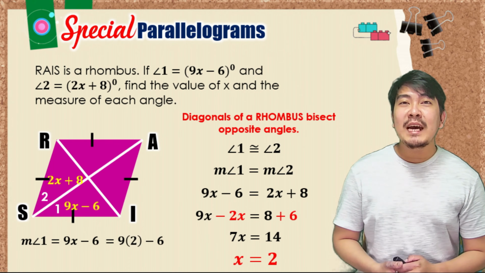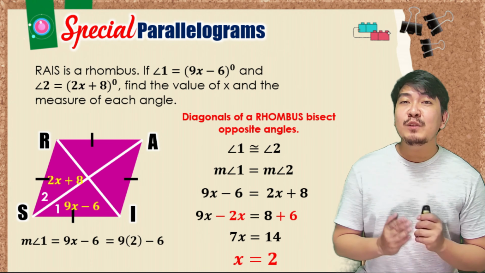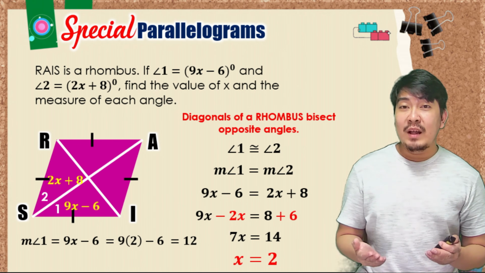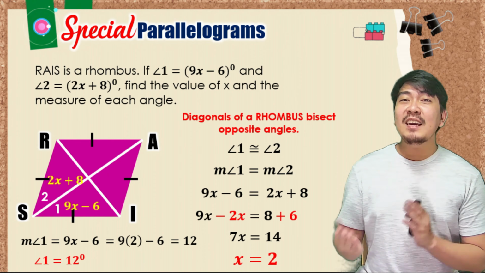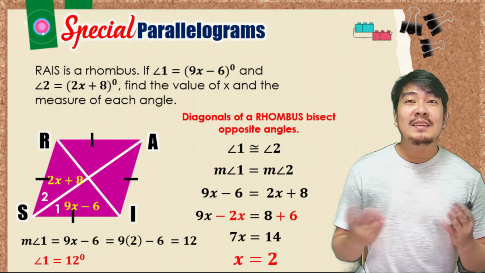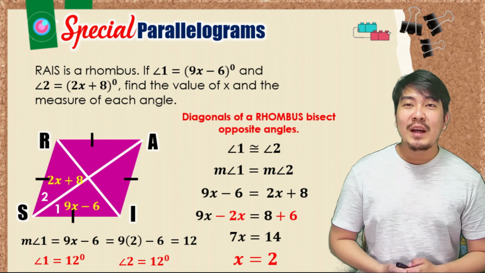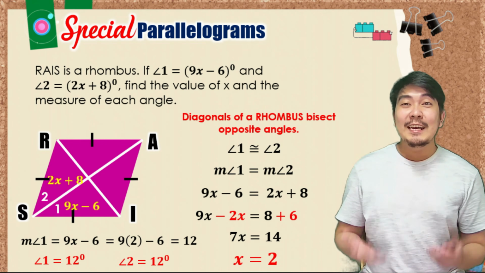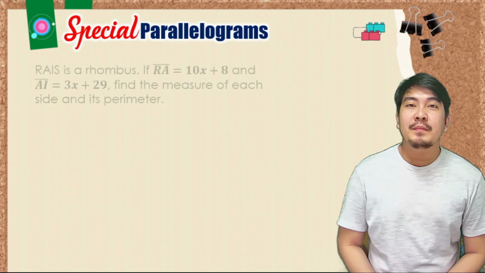Upon substitution, that will be 9 times 2 minus 6, that will be 12. So therefore, angle 1 is equal to 12 degrees. Since angle 1 is congruent to angle 2, they have the same measure, therefore we can say that angle 2 measures 12 degrees. Let us now proceed to another example about rhombus.